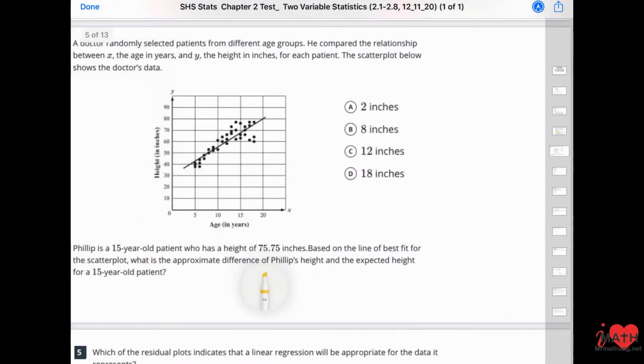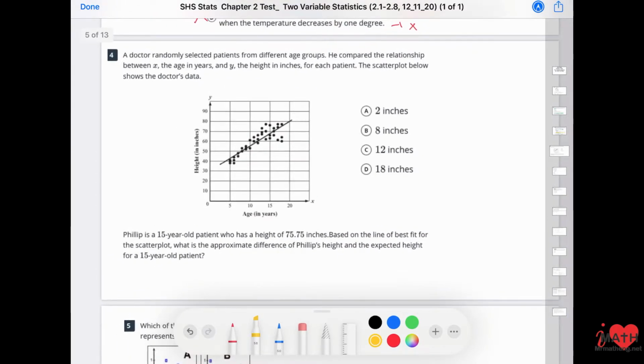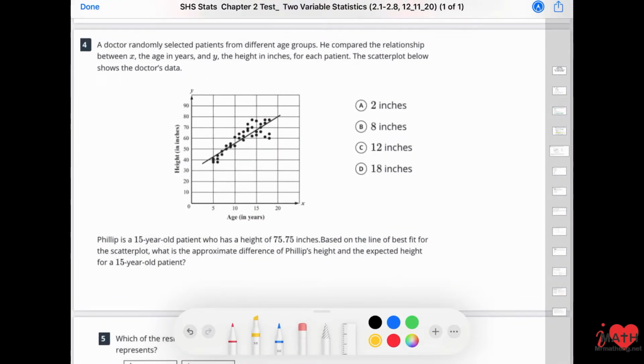Question number 4. The doctor randomly selected patients from different age groups. He compared the relationship between x, the age in years, and y, the height in inches for each patient. The scatter plot shows the doctor's data below. You know, if you put your kids in and they track their heights at a bunch of different ages.